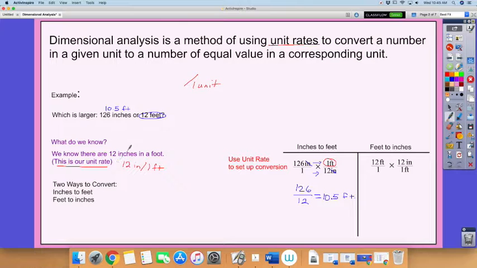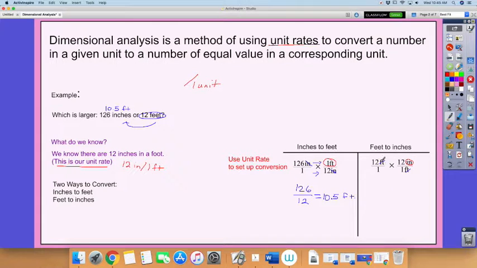Now let's try it again if we wanted to convert the feet backwards to inches. So notice I started with our value. We have 12 feet and I put it over the 1. And now I've taken my unit rate and I see that I have feet on top here. So that means when I use my unit rate, I need feet in the denominator over here so that the feet cancel out and the only unit I have left is inches.